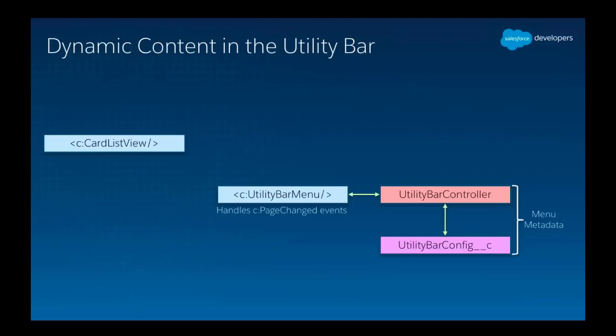Now, let's discuss how we can actually incorporate dynamic content in the utility bar. Let's imagine that we have a contextual help menu in the utility bar. If I click the help button on my card list view, I will fire an application event. This event is handled by the utility bar component, which loads the appropriate help text from the server.